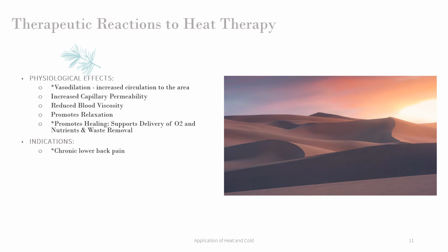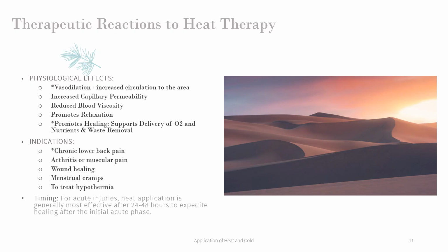We use heat for chronic lower back pain, arthritis or muscular pain because it promotes relaxation and wound healing. It helps with menstrual cramps, and it can also be used to help with hypothermia. For painful injuries with edema, or edematous injuries, we'll call them, heat improves circulation and speeds healing.